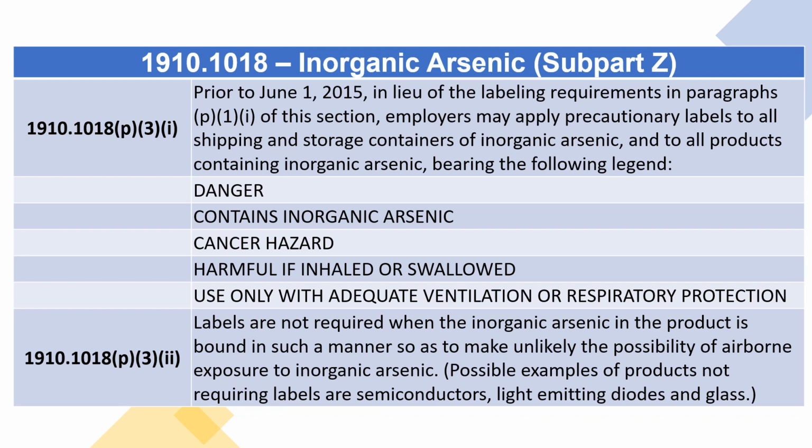Use only with adequate ventilation or respiratory protection. 1910.1018 P.3.2. Labels are not required when the inorganic arsenic in the product is bound in such a manner so as to make unlikely the possibility of airborne exposure to inorganic arsenic. Possible examples of products not requiring labels are semiconductors, light-emitting diodes, and glass.